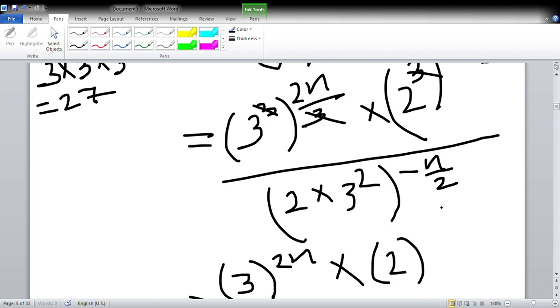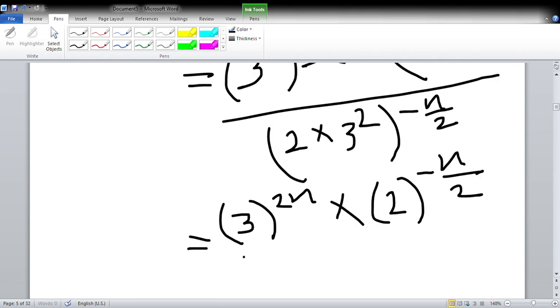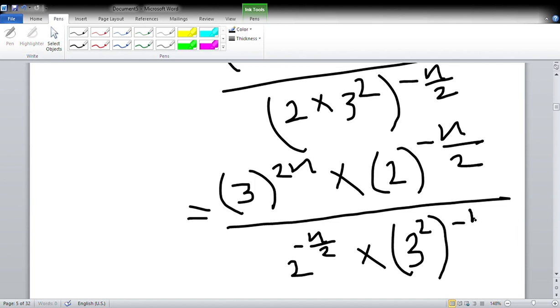In the denominator we have 2 to the power minus n by 2, because when there is a power outside, you have to apply it to both numbers: 2 to the power minus n by 2, and 3 square, that is 9, into minus n by 2, right?